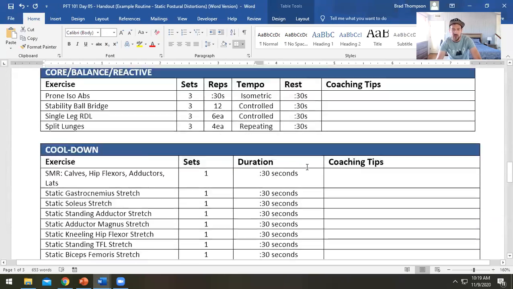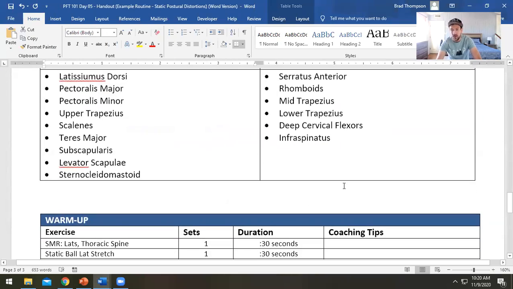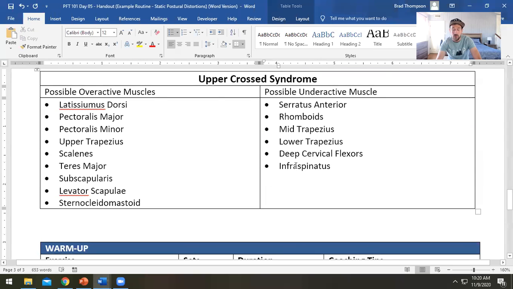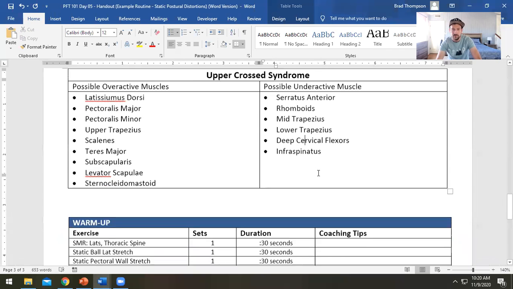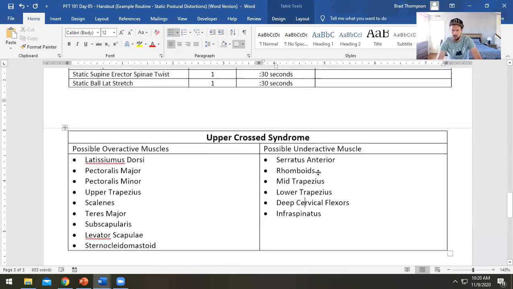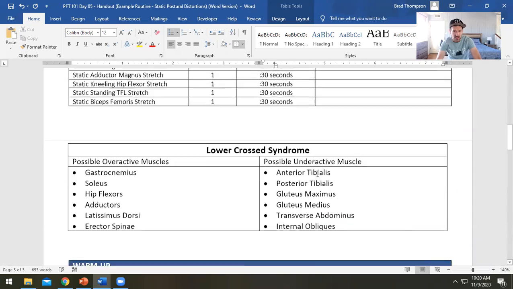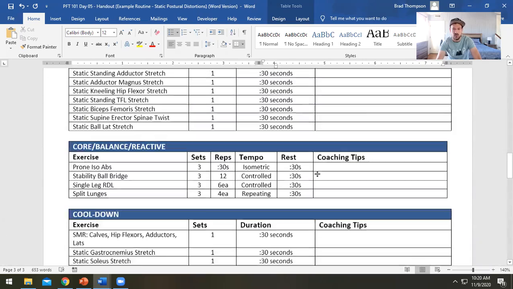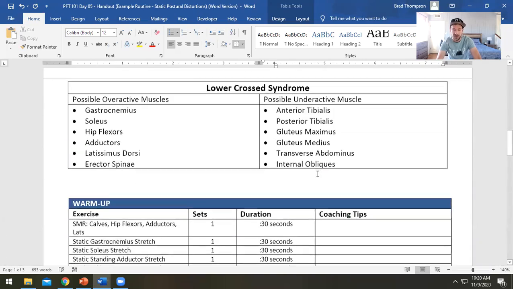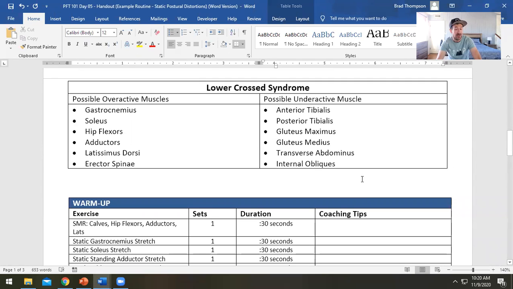Let's scroll down, and you're going to get this handout later today, guys. And we look at upper cross syndrome here. Where am I at? Oh no, I just scrolled past it fast. Sorry. All right, I need a second cup of coffee today.